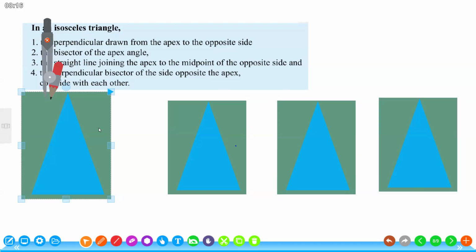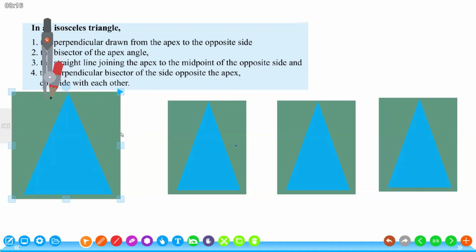Like this, this is an isosceles triangle, right? Only in the isosceles triangle. Okay. This one is an isosceles triangle. I am going to draw a perpendicular from the apex. Right.